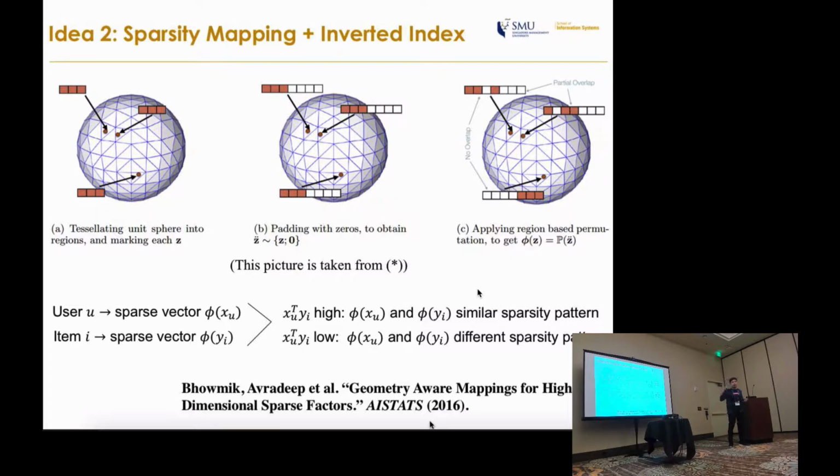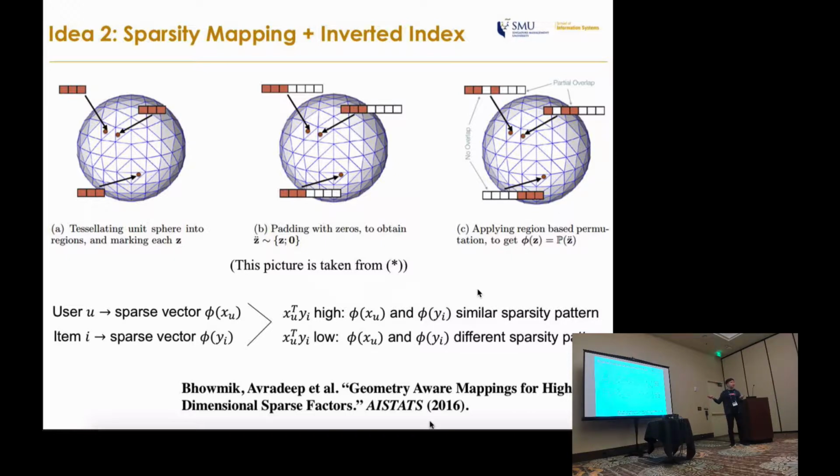So what is a similar sparsity pattern and what is a conflicting sparsity pattern? Assume that these are two sparse vectors. You can see that these two sparse vectors have non-overlapping non-zero indices. In this case, we define this as conflicting sparsity patterns.